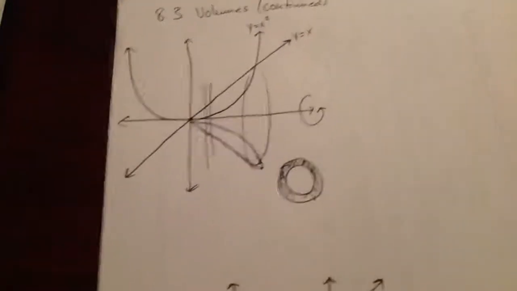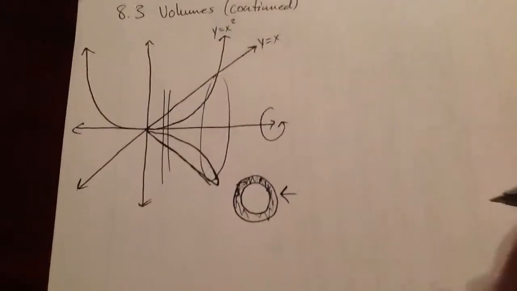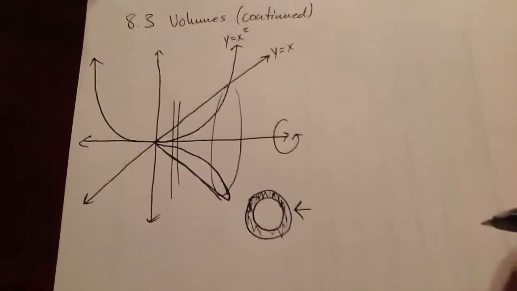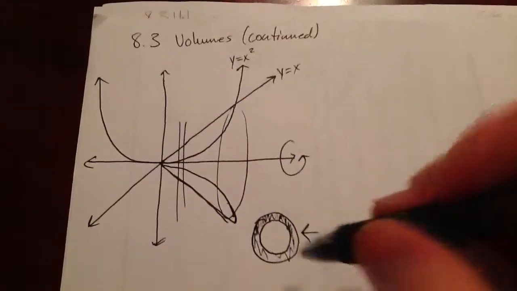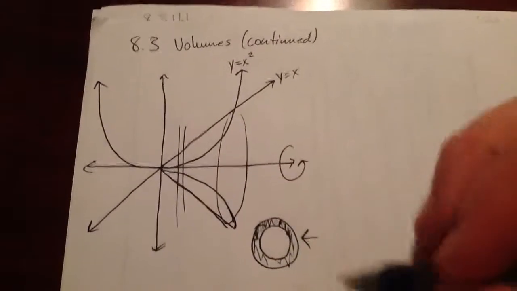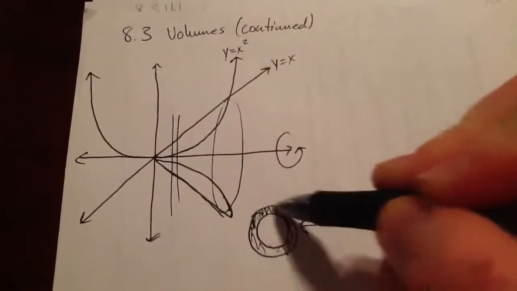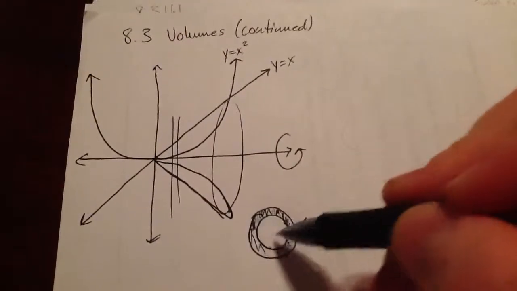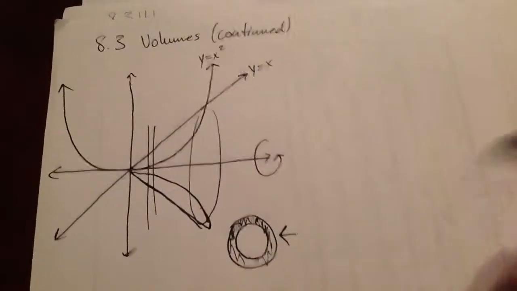So to do that, let's figure out what the area of this washer is. Well, if you remember from geometry, we did areas of circles, and obviously the area of a circle is pi r squared. But when you've got a hole in it, what do you do? Well, you just take the big area, the area of the whole thing, and then you subtract the area of the hole, right? We did that in geometry.